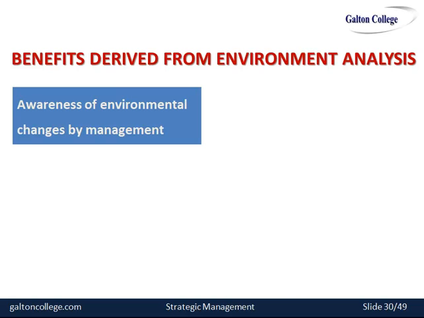Management should be aware of trends in society, fashions, lifestyle changes, changes in legislation that impact on the business, health and safety issues, quality issues. Look at the way in which customers deal with each other and the way the information about products is disseminated through social media, through forums and so on. So it's important that the management is aware of the environmental changes that are taking place.